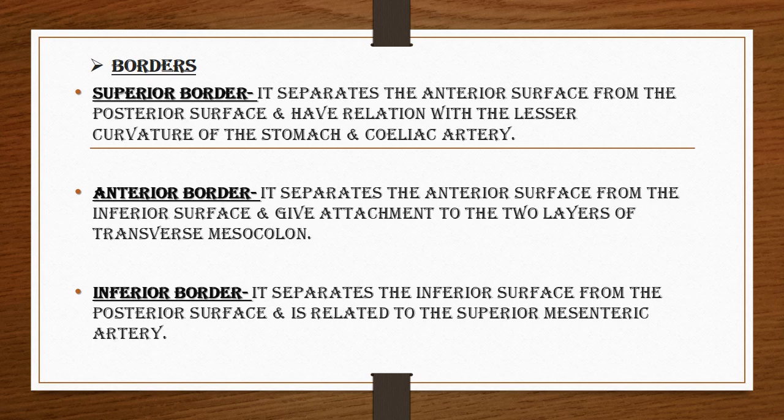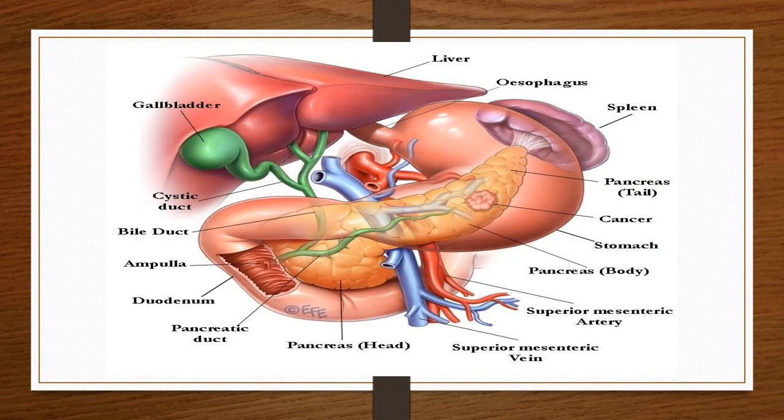The inferior border separates the inferior surface from the posterior surface, and close to its right extremity, it is closely related to the superior mesenteric artery. Here in this image we can see the pancreas and its relation with the other abdominal organs.